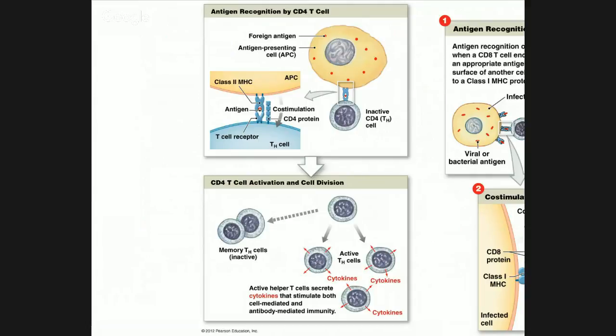The memory helper T cells are inactive for this particular infection, but if another infection of the same type comes along, then they're ready to help fight off the infection. The active helper T cells release chemical signals that belong to the class called cytokines. Cytokine is just a very broad class of a hormone kind of chemical that's released.